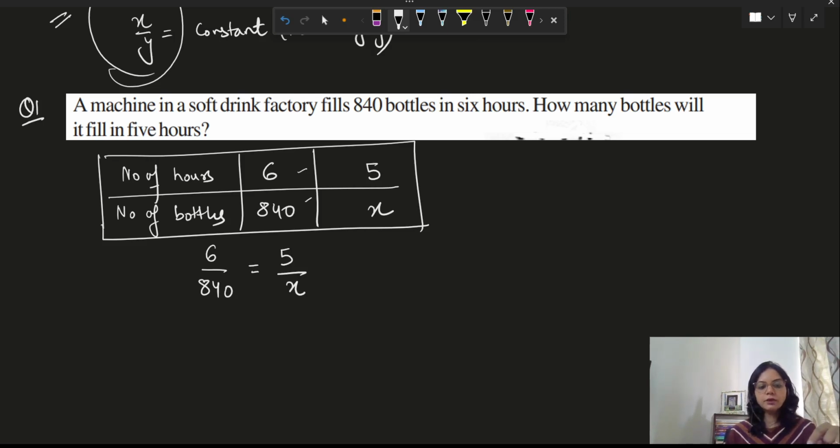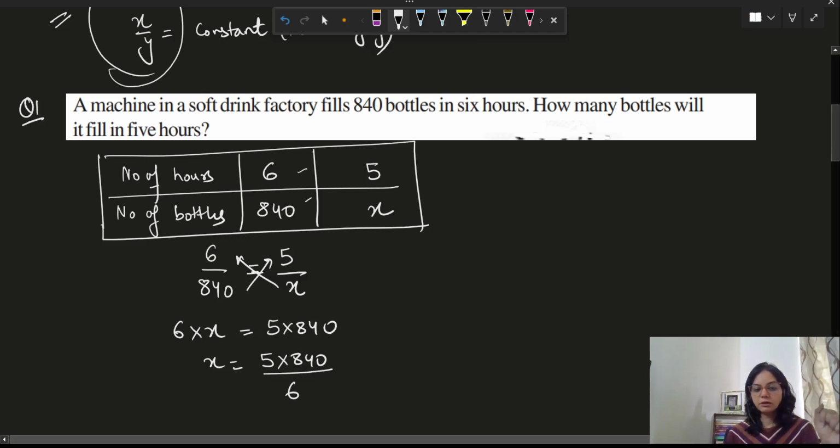Now how do we solve this? We cross multiply. Cross multiply means 6 into x, and 5 into 840. Now x will remain here, and 6 will go over there. If you know transposition, if it is multiplied, it will be divided. I can cancel 6 and 840. 6 ones are 6, 6 fours are 24, so 140.